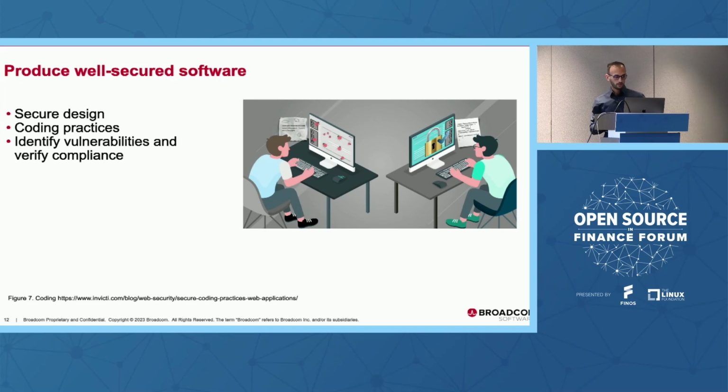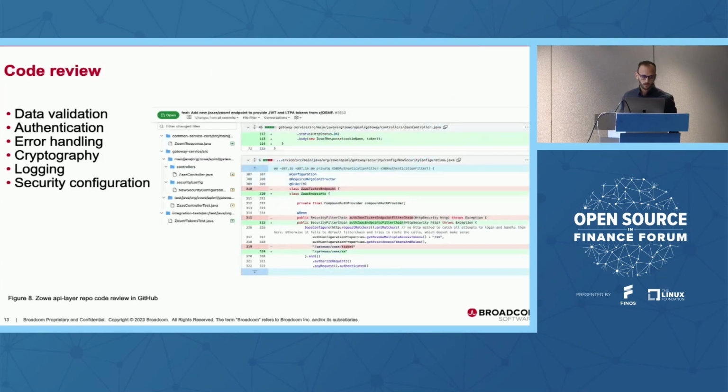And at the end, once you have this code, you need to be able to identify the vulnerabilities and verify the compliance with what you set at the beginning. This is called code review, but the code review is just the last step in this process. But it starts with those coding practices that I was talking about.